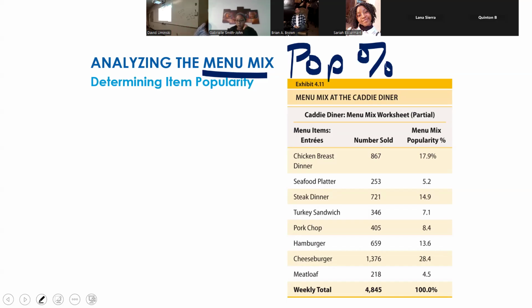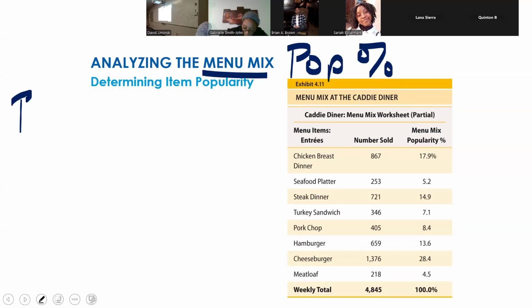So what we do with our menu mix, or our popularity percentage, is, first of all, what is the universal formula for percentage? Yep, if we're looking for the percentage, the universal formula is part over the whole.